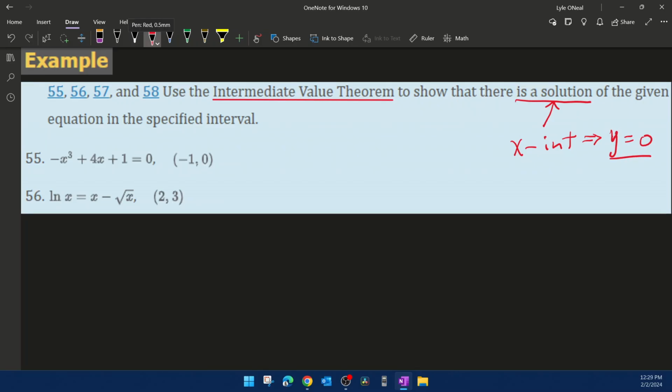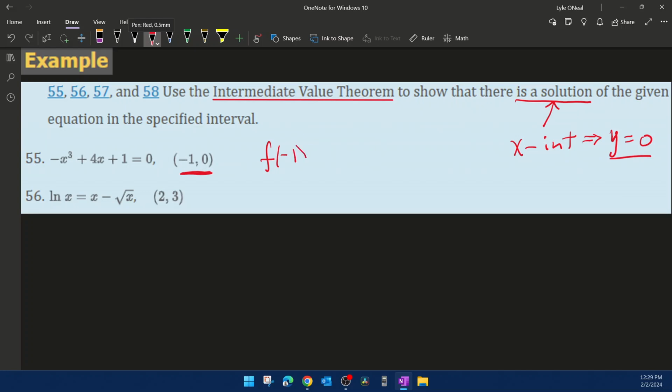So if we're going to use the intermediate value theorem to determine if there's a solution, what we want to show is that somewhere on the interval given, there will be a number where y is 0. Now let's see if this is obvious to you.